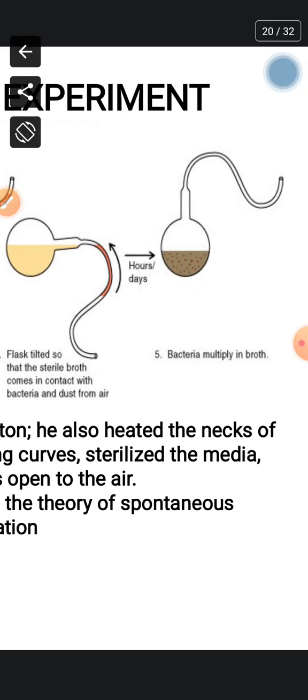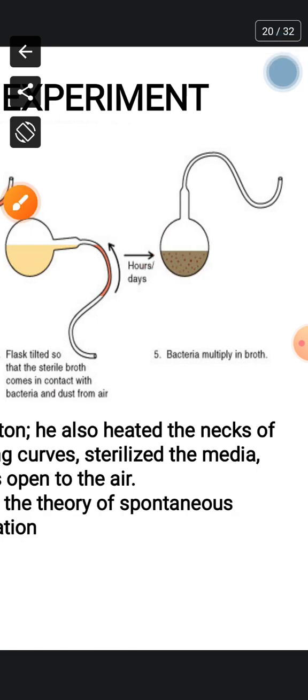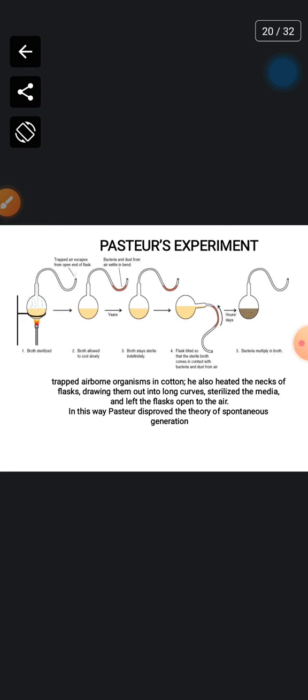After many hours and days, these microbes reacted with the solution and caused its spoilage. The bacteria multiplied and spoiled that solution. In that way, Pasteur rejected the idea that non-living matter produces living material. He said there is no possibility of abiogenesis.